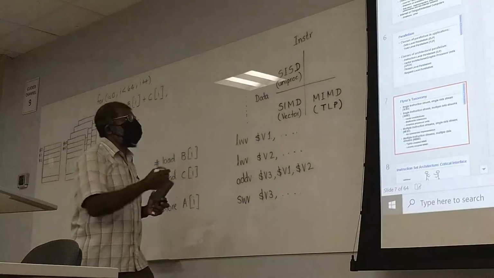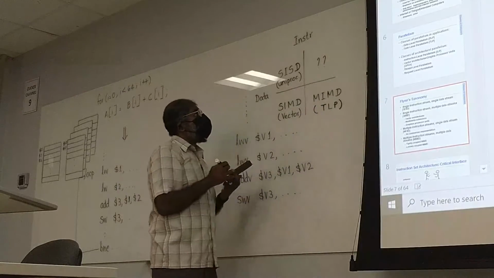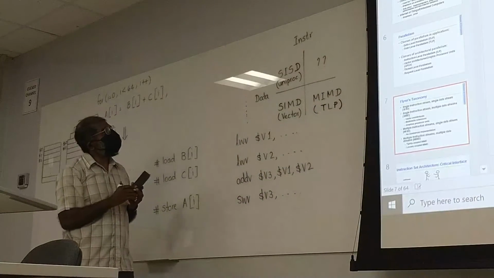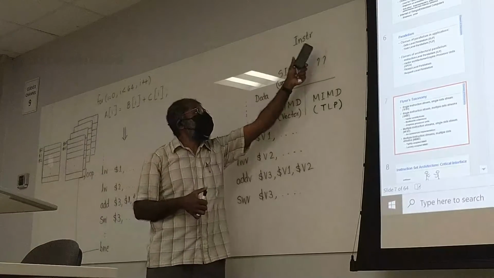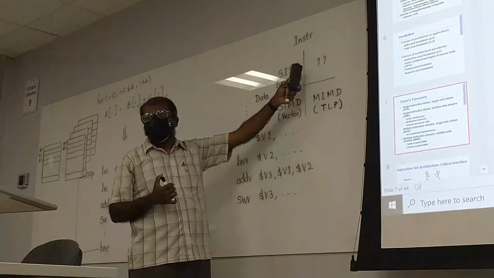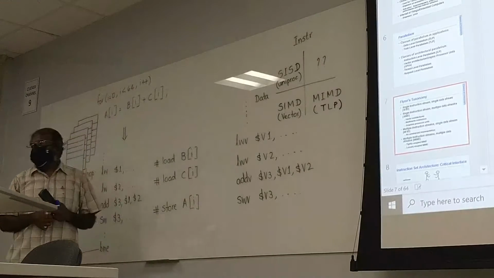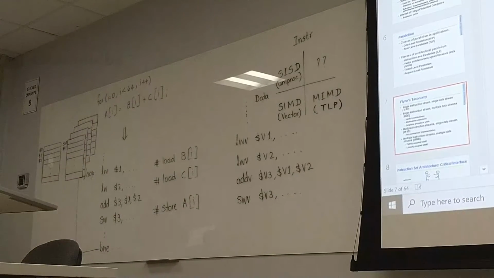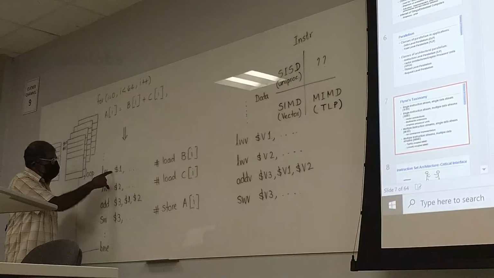Okay, this was not there because it didn't make sense to have, that would be what? Multiple instructions operating on a single data. That didn't make sense. So there was nothing over there. So that's Flynn's taxonomy, but it became difficult as ILP came along, where you're trying to do multiple things in parallel.